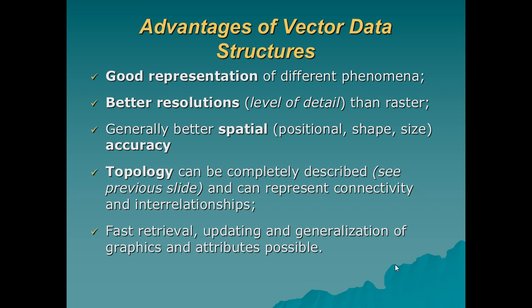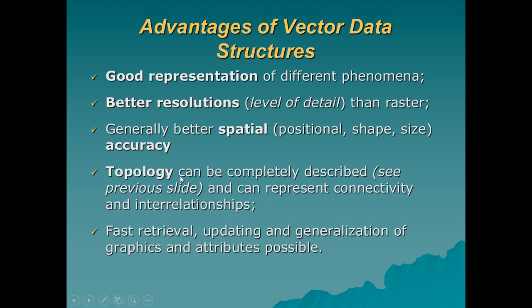It gives better resolution in terms of level of detail of the feature. Remember, we talked about geometry, location, shape, size, so it gives better resolution in that sense. Better level of detail and locational accuracy, shape, size, as we mentioned.